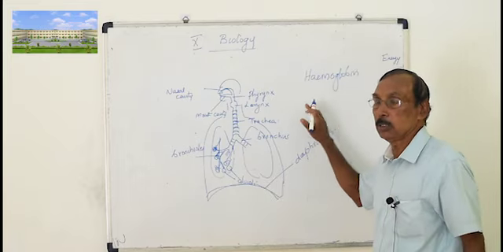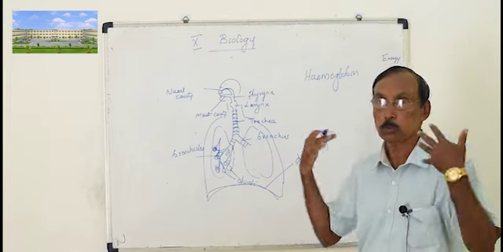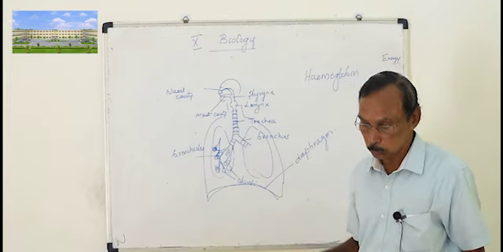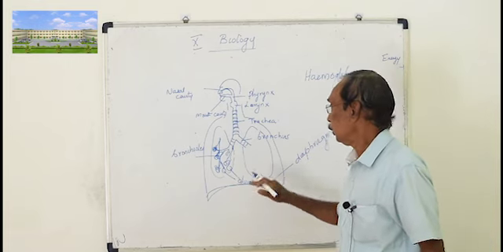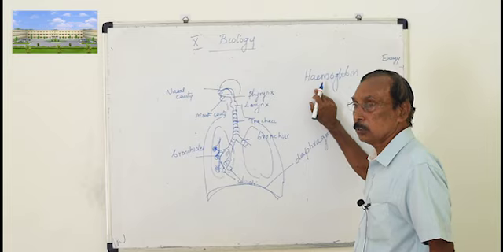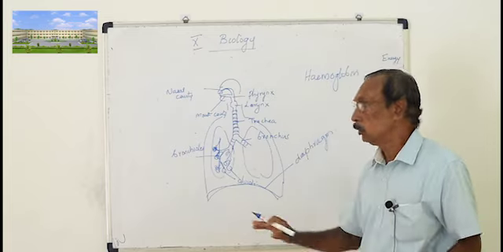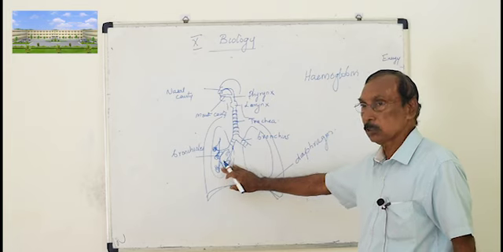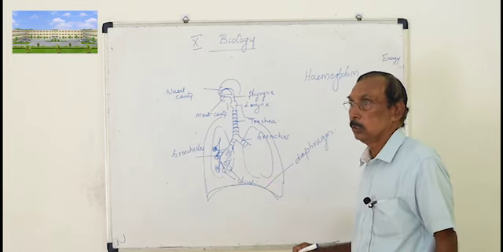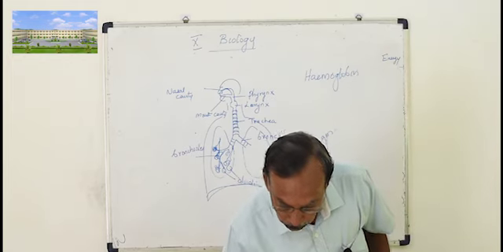It will immediately combine with oxygen, and when the blood transports to all parts of the body, this oxygen will be transported there. The blood contains not only hemoglobin and red blood cells, it also contains water, and carbon dioxide will dissolve into the water present in the blood, and that way it will be transported and sent out of the body. So this is how.